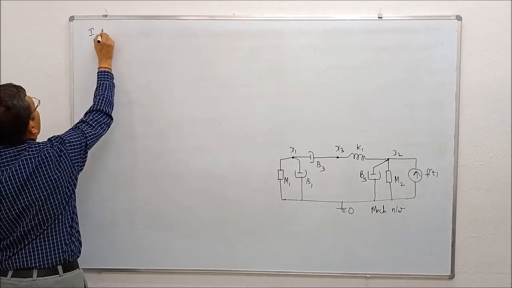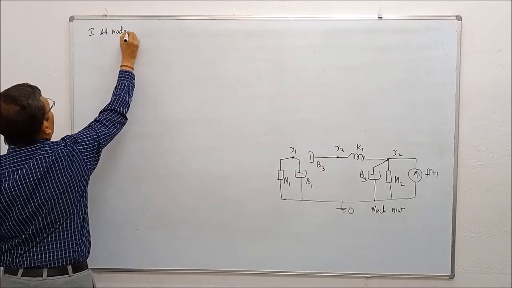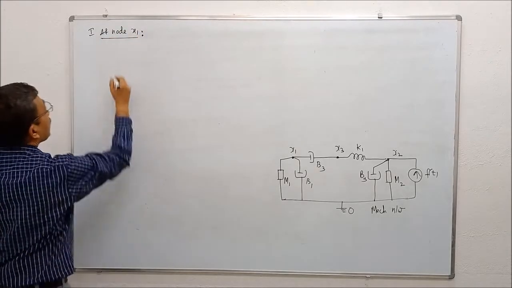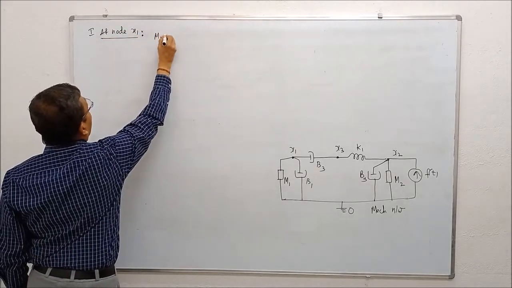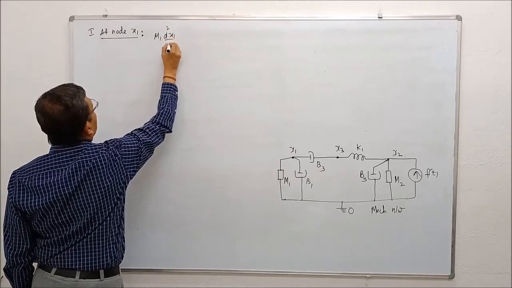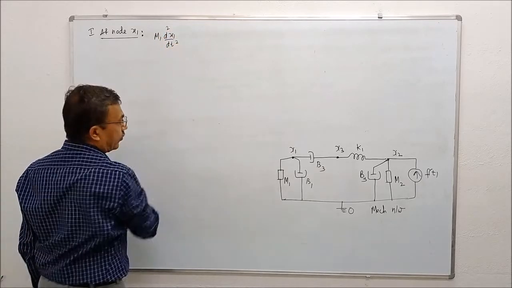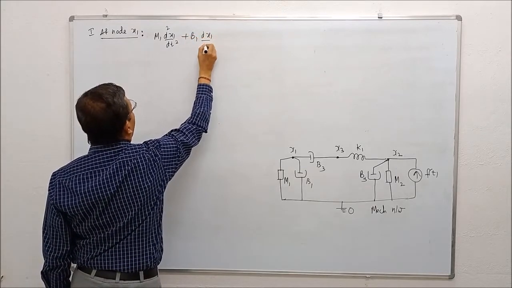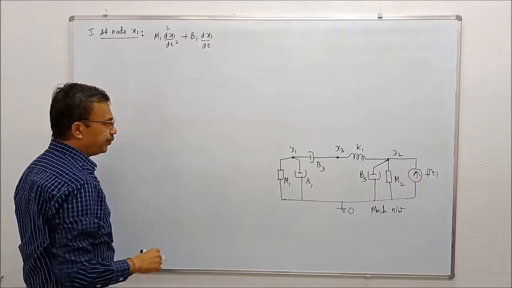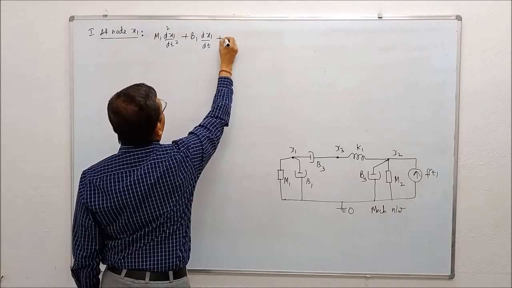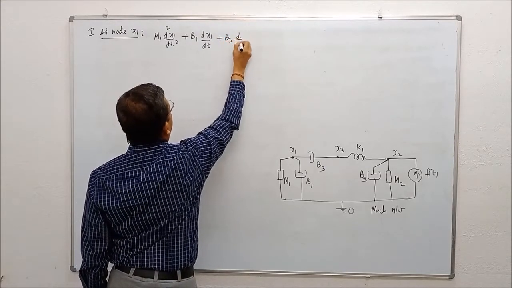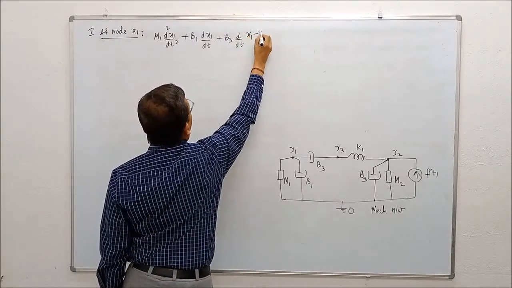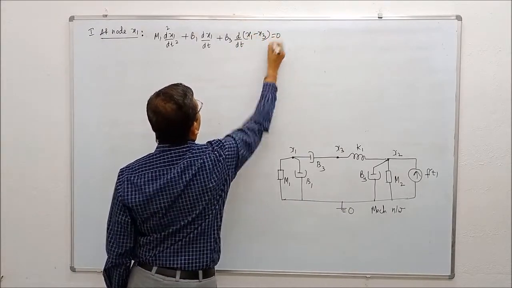At node x1, m1 into d square x1 by dt square plus B1 into dx1 by dt plus B3 into d by dt operating on x1 minus x3 equal to 0.